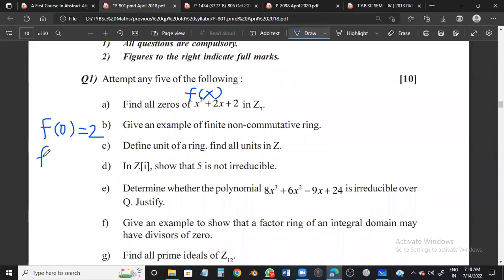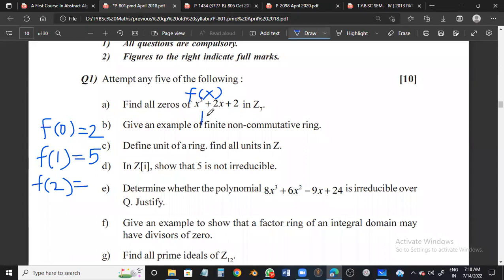I'll go with 1. F of 1. What will happen? 1 cube is 1, plus 2 plus 2, I get 5. It is again not a 0. So 0 is not a zero of this, and 1 is also not a zero of this. I go with 2. 2 cube is 8. 8 divided by 7 gives me 1.